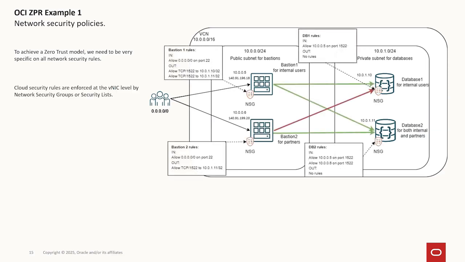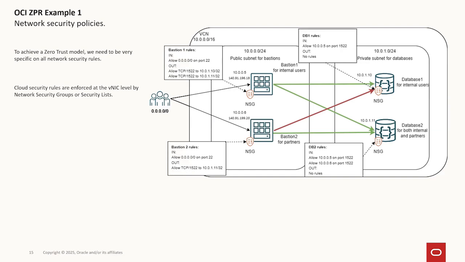Now, with only networking constructs, we have to be very specific on the rules. In the Oracle Cloud, but any other cloud service provider, we have virtual network interface-based firewall rules. We call them network security groups. These are applied to the VNIC of the resource.